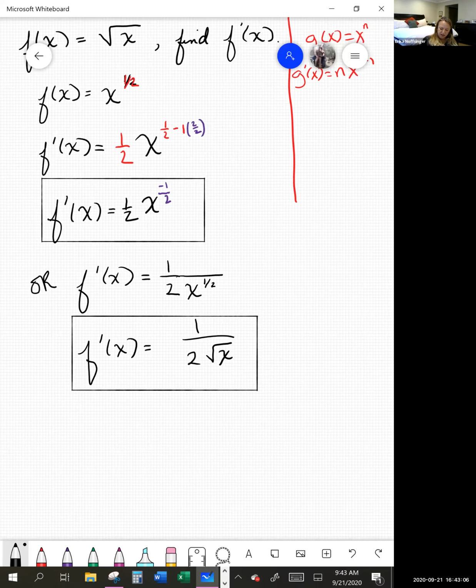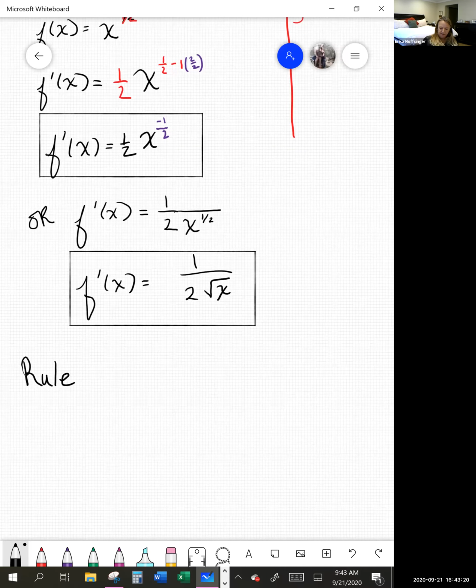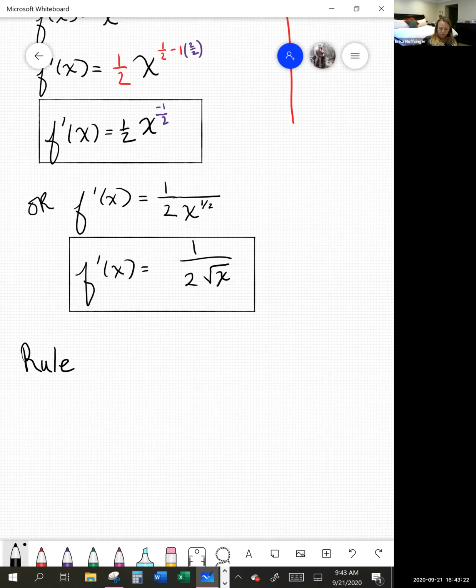So there's another rule that's going to help us, because maybe we have more than one term when we're trying to find the derivative. So, the rule of sum or difference. Let's say f of x is equal to u of x, and then either plus or minus some other function v of x.